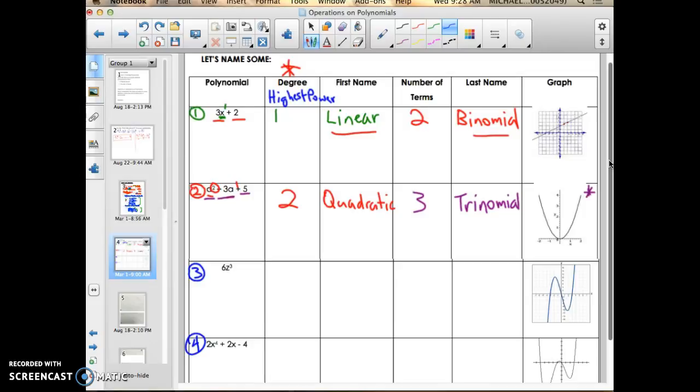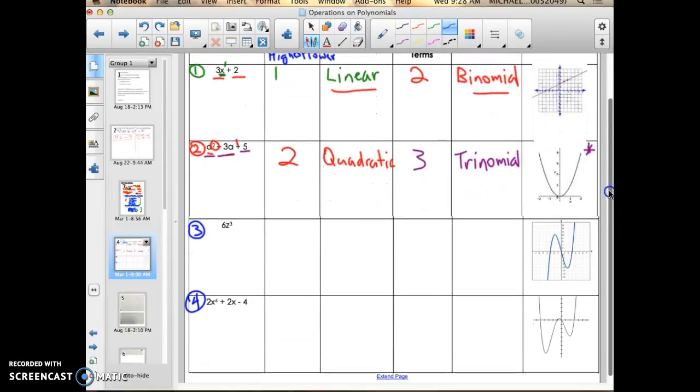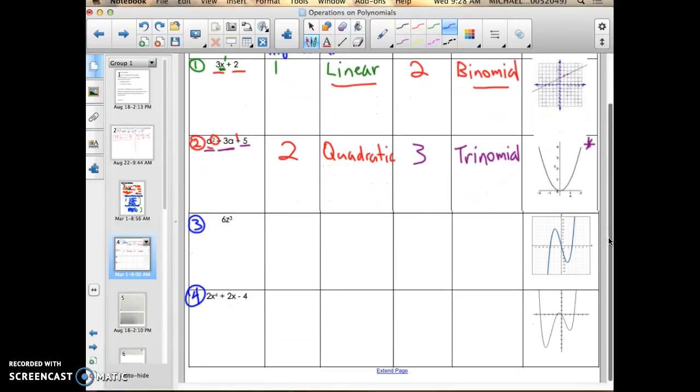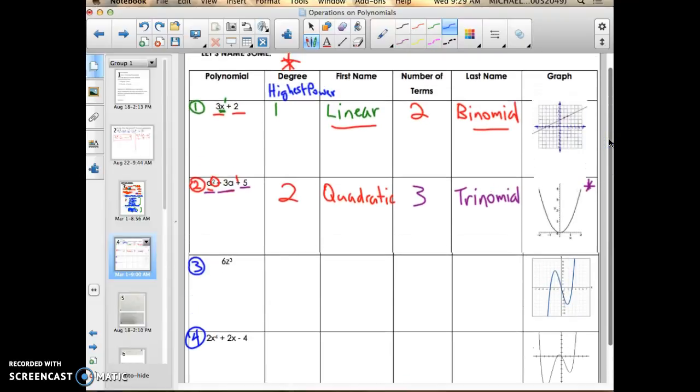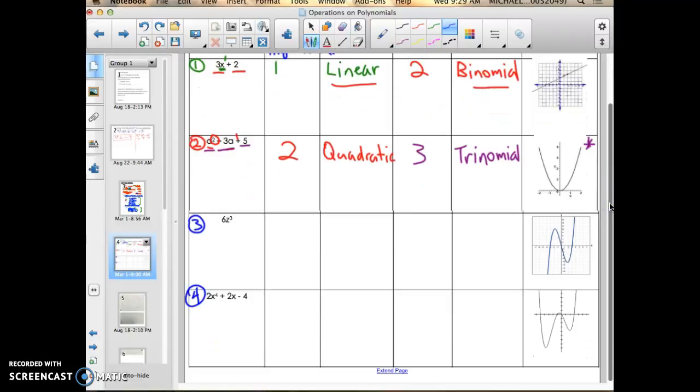So once I consider the degree, then that'll tell me the first name based off the chart we just completed on the previous page. After the degree, I look to the second last name, which is based on the number of terms. In that case, I would count the number of terms that exist in the polynomial, look at my chart to see what the last name is as well. So go ahead and try 3 and 4, and then raise your hand when you are done so we can discuss them.